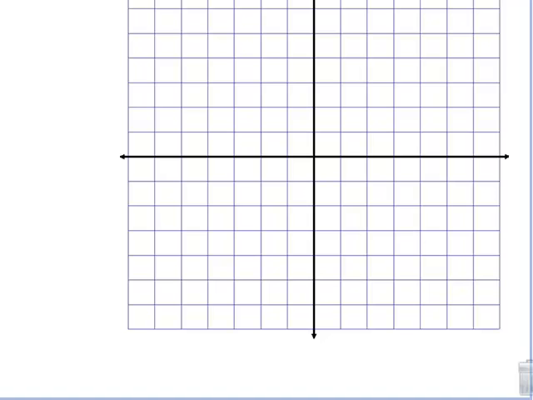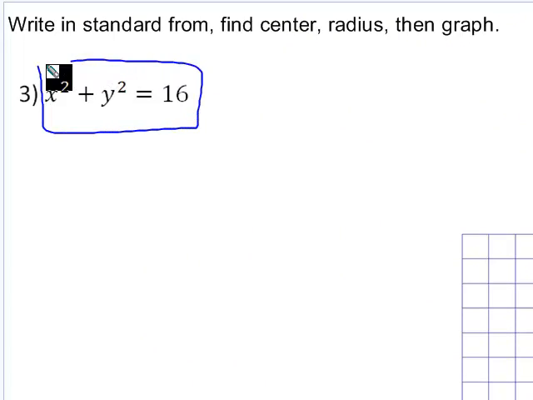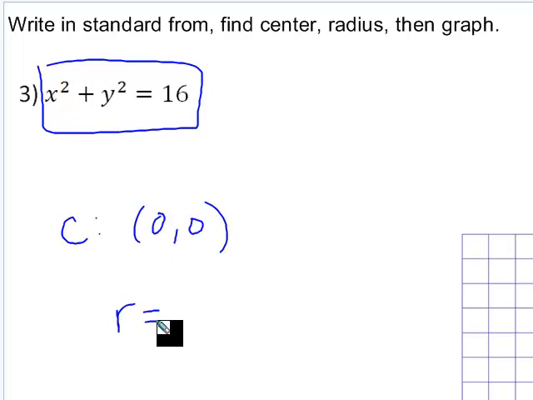This is already standard form, okay? So that is standard. So where's the center if this is standard form? Yeah, the center is at 0, 0. And what's the radius? 4, good. How do you get 4 from the 16?